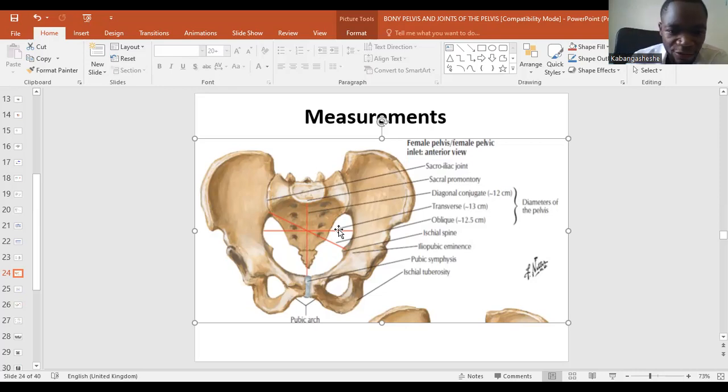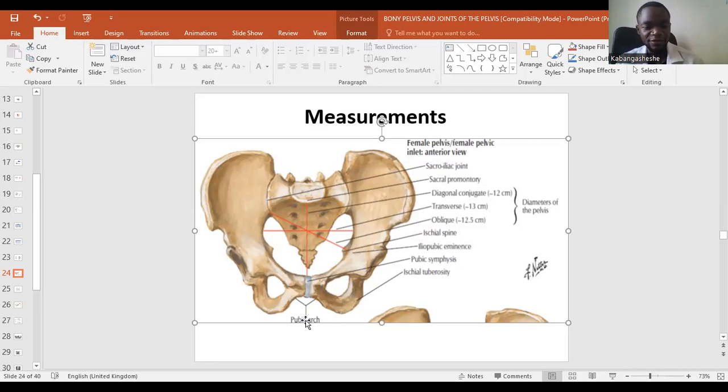Then in the cavity, all diameters measure the same. They are all about 13 centimeters. Then when you go to the outlet, you find that it is again the anterior posterior diameter that becomes wider.